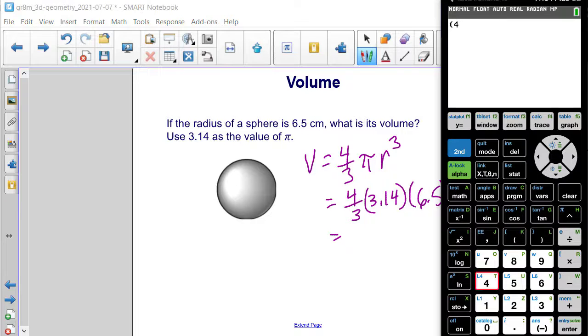So we have 4/3 times 3.14 times 6.5 to the third power.